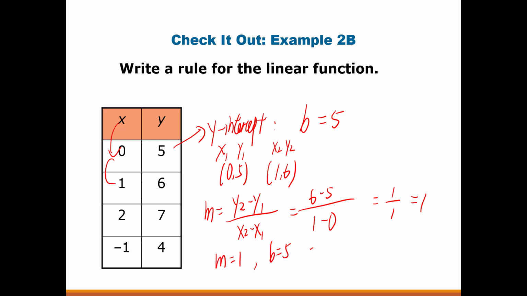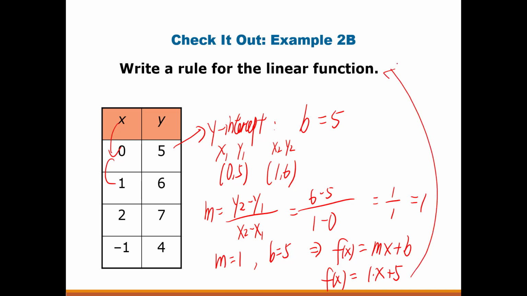Y-intercept is 5. Using the function notation, f of x equals mx plus b. So now f of x equals m, which is 1, times x plus 5. So this linear function is f of x equals x plus 5.